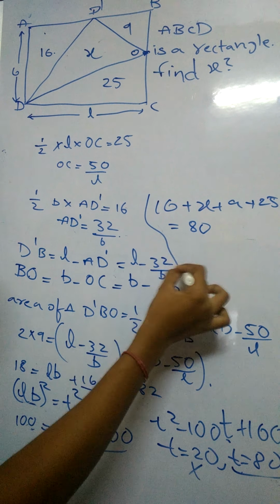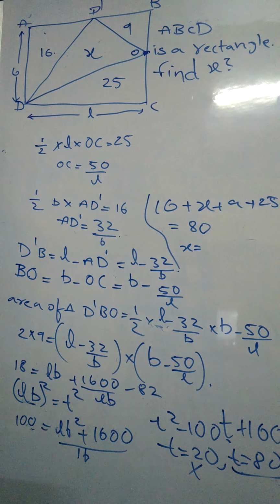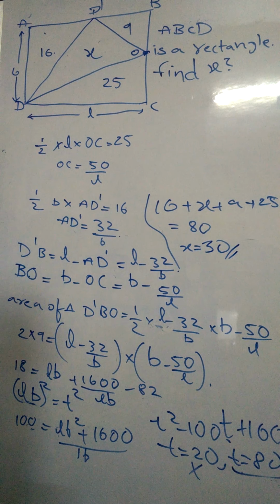Then we will get the x value as 30. Therefore, the area of triangle D dash O is 30.